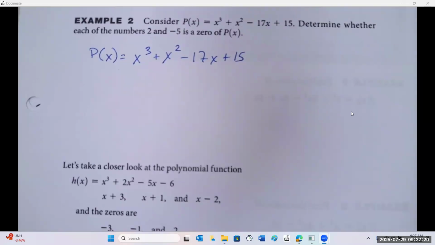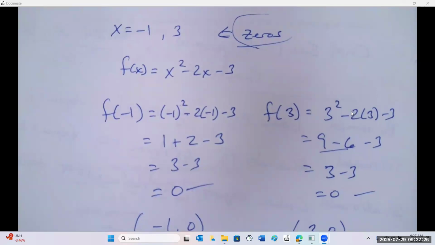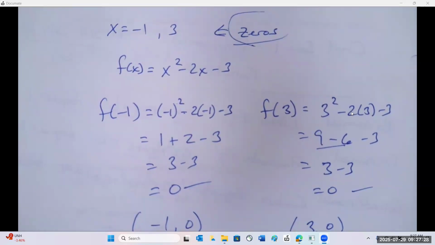How do we know if they're zeros? We just did it back here in this example. How do we know they're zeros?